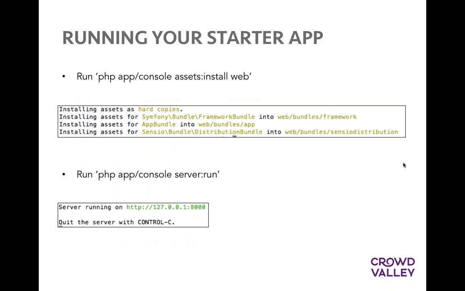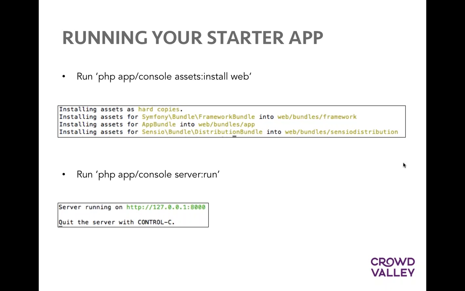After that, you would run a command to install the assets for the application. So the assets meaning the images and the CSS files, the layout files, and the JavaScript files and the kind of front end pages which will be used by the application. So if you run this command, then it will install all of those into the web folder underneath your application directory.